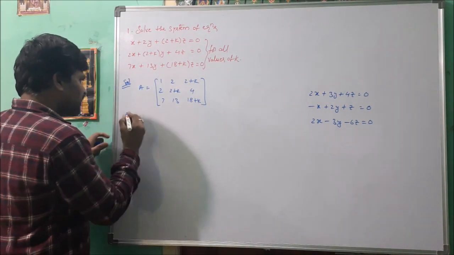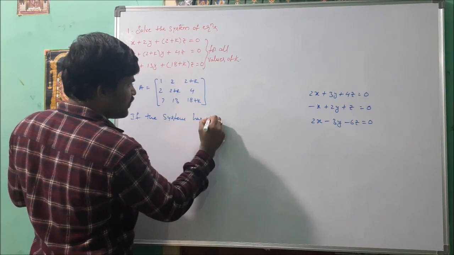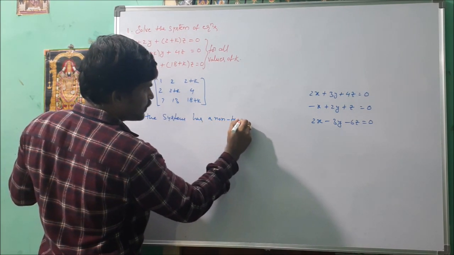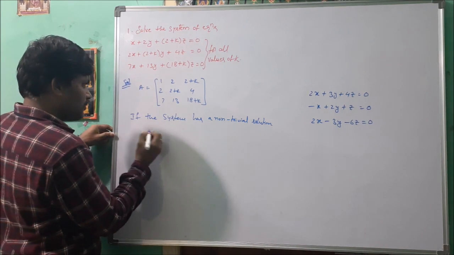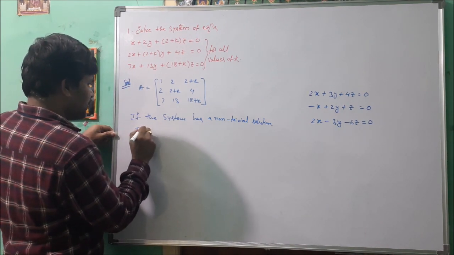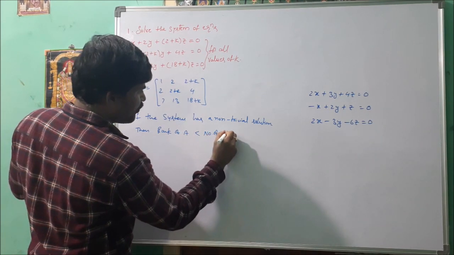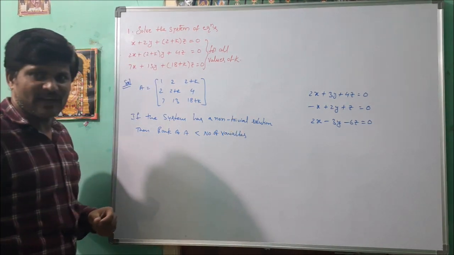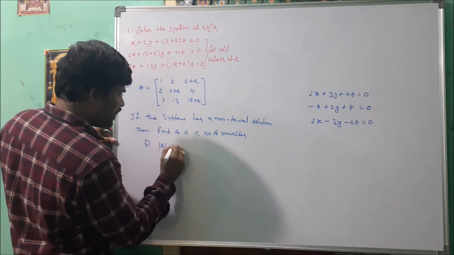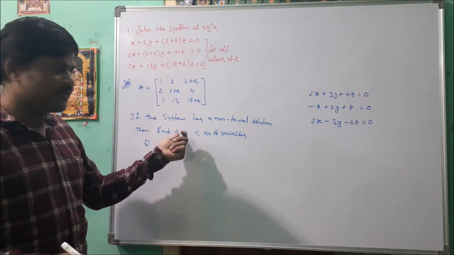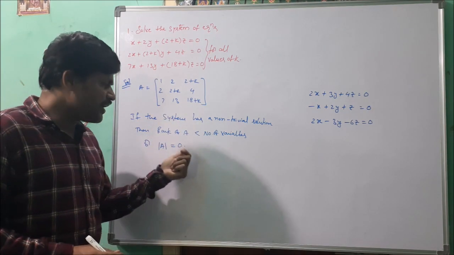Suppose the system has a non-trivial solution, then the rank of A is less than the number of variables, or the determinant of A equals 0. So we find the determinant of the coefficient matrix, which equals 0.